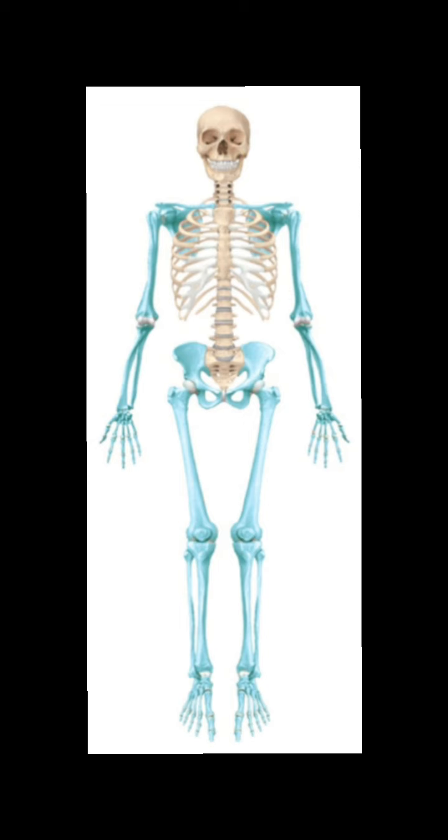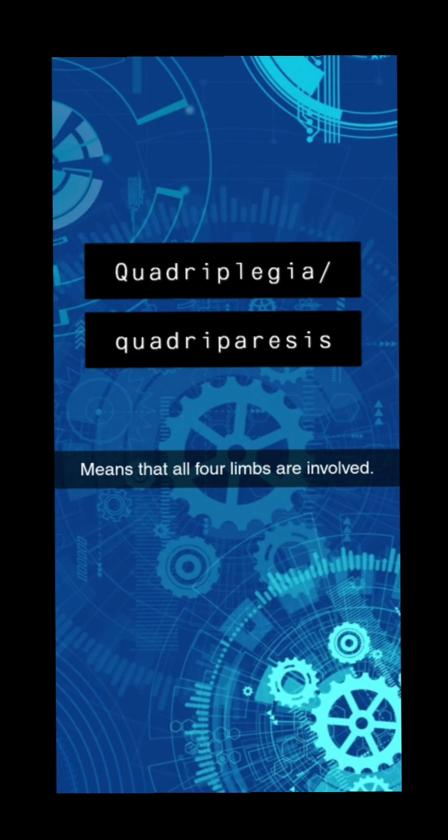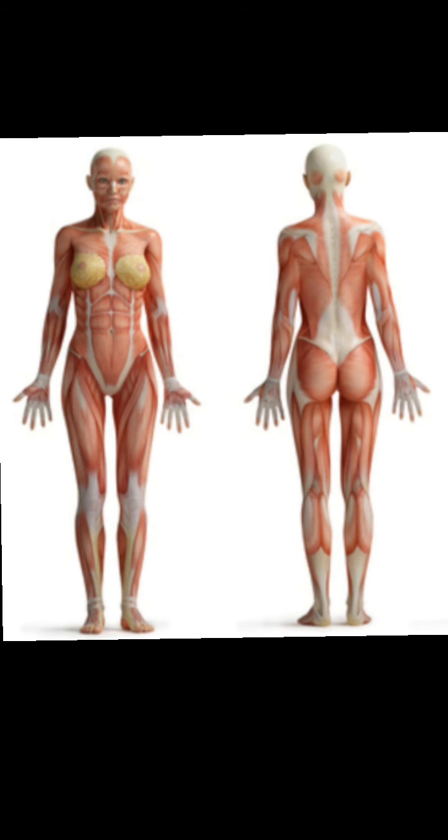So, CP can affect the limbs in multiple different ways, and there's a way to talk about literally every way that CP can affect the limbs. For me personally, I have quadriplegia, quadriparalysis, which means that all four limbs are involved. CP can also affect muscle tone, and it can do this in two ways: spastic CP or non-spastic CP.